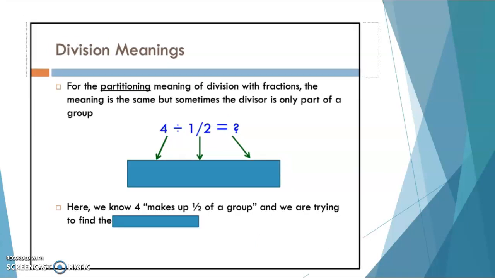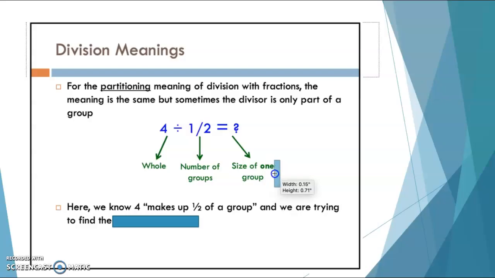For partitioning, meaning the division of fractions, the meaning is the same, but sometimes the divisor is only part of the group. Okay, so again, 4 is the whole, 1/2 is the number of groups, and we're trying to find the size of one group.